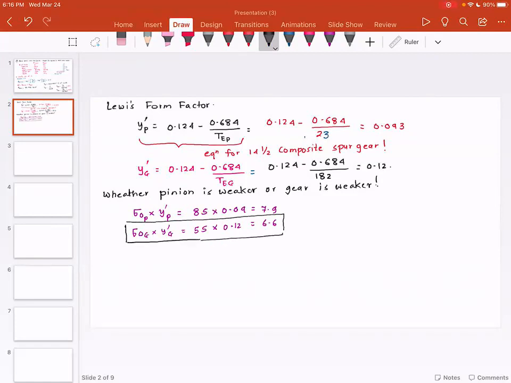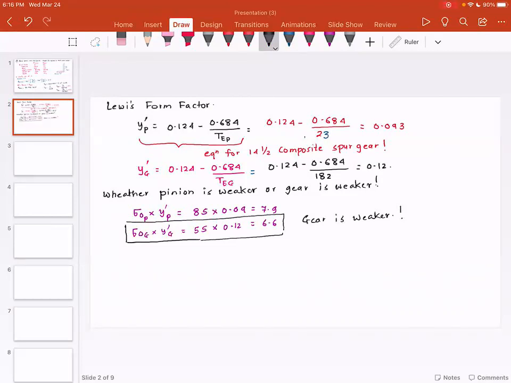So gear is weaker. What it means is, for design purposes, we are going to use the gear, and all the dimensions, or the module, will be determined based on the gear parameters.